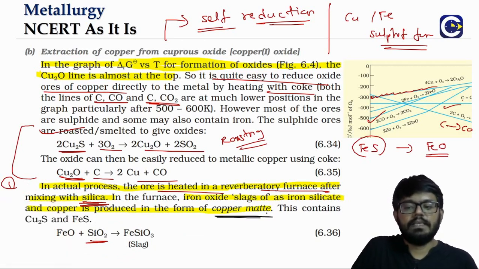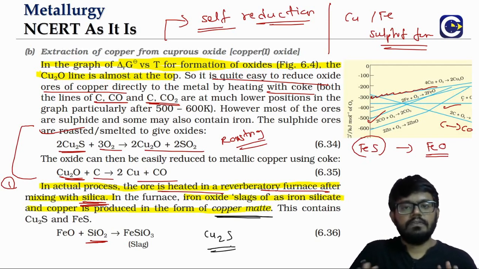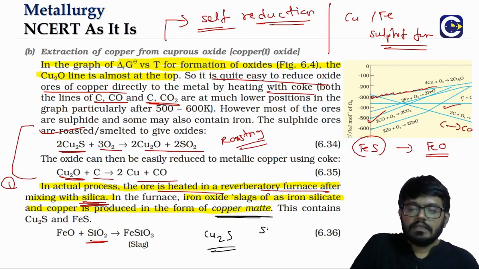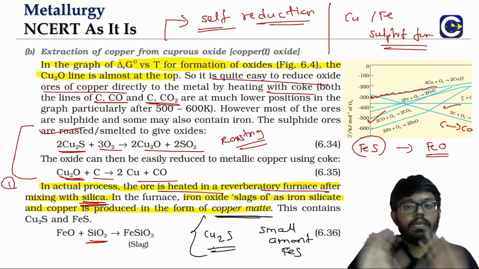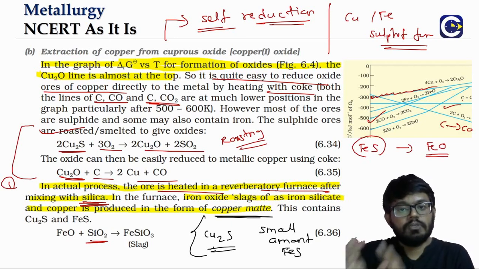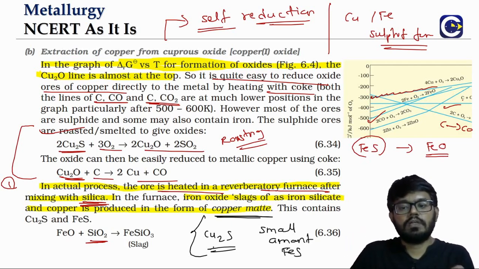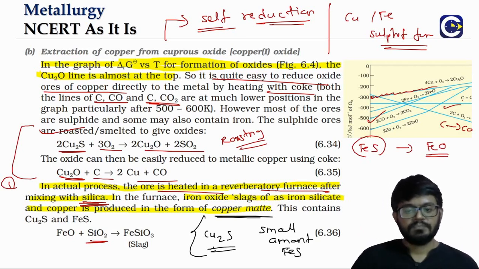So copper matte is basically the copper sulfide, which is majority as it is. Nothing has happened to the copper sulfide. And some small amount of, this is important, Fe is not major now. The amount of FeS will be small only. The copper matte is going to contain what? Copper sulfide and iron sulfide.